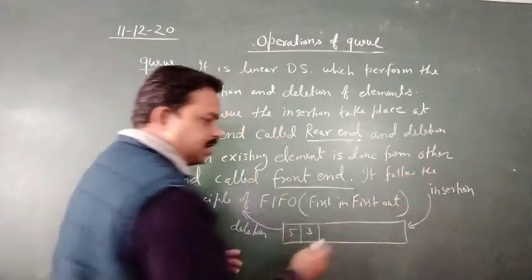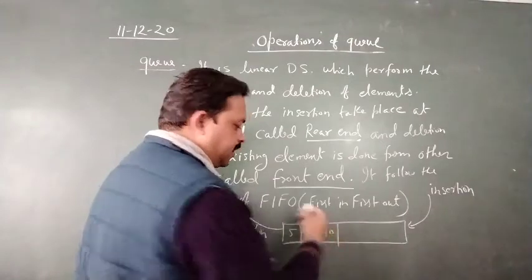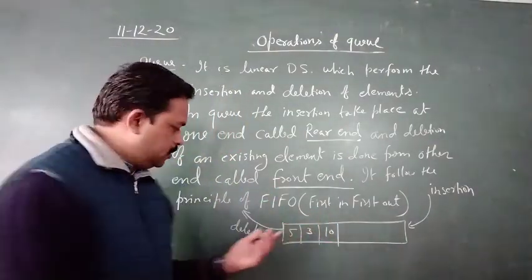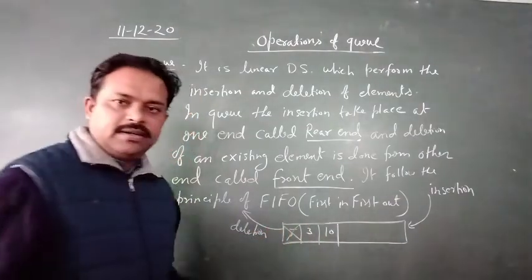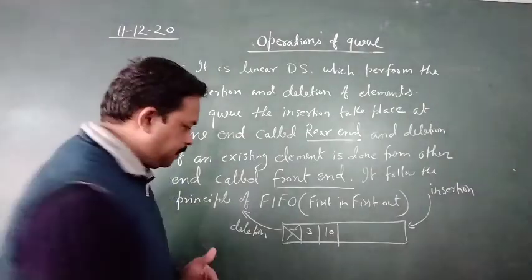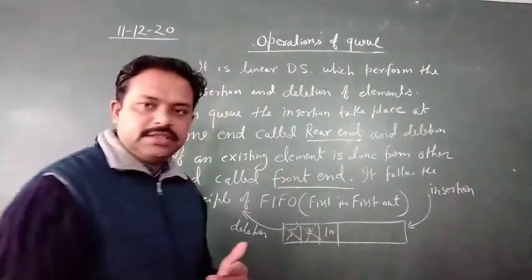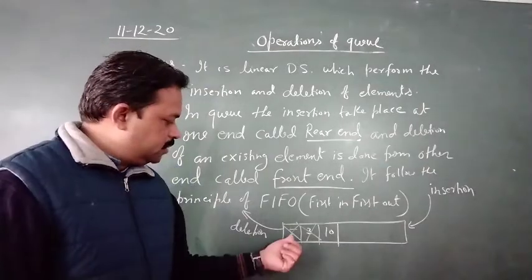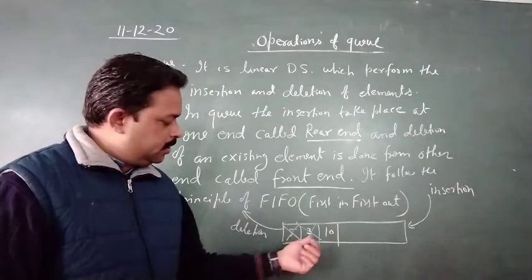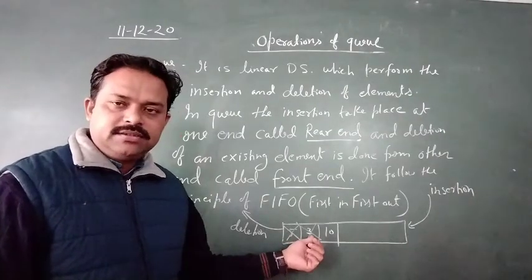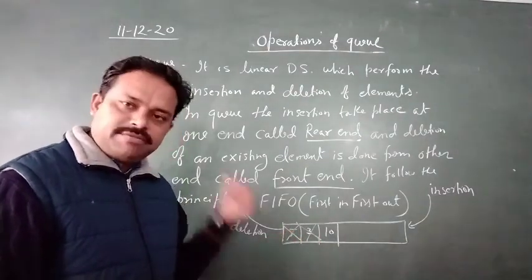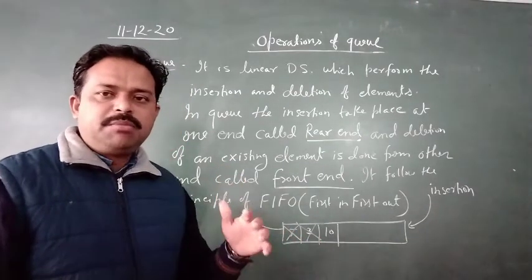Suppose you insert the next element, it will come here. And when you delete any element, this element will get deleted first. Again, if you are deleting any element, then this element will get deleted. So this was the first element, it has been deleted first. This is the second element, it has been deleted second. So this was the first in and first out. That is the meaning of queue.